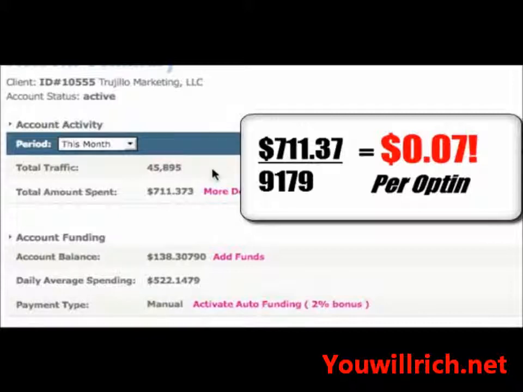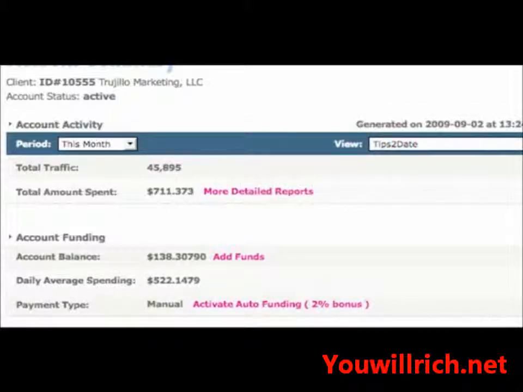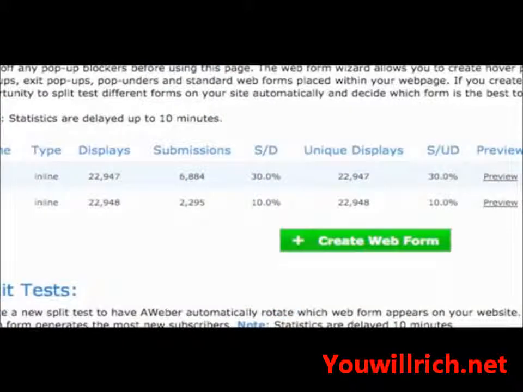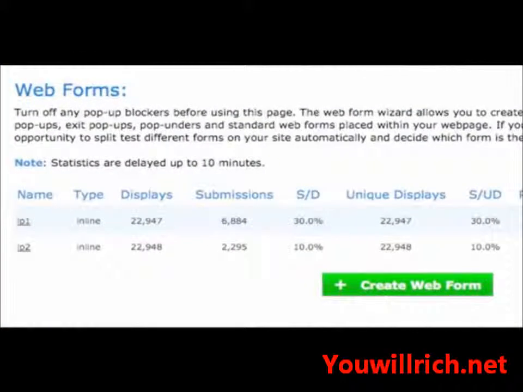It's a lot better than advertising with pay-per-click, because you're paying a lot less. On pay-per-click, you can pay upwards of maybe $1.50 in some niches, $2 in some niches per click to your landing page.